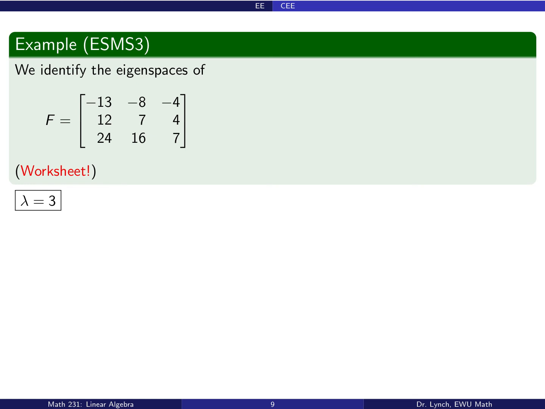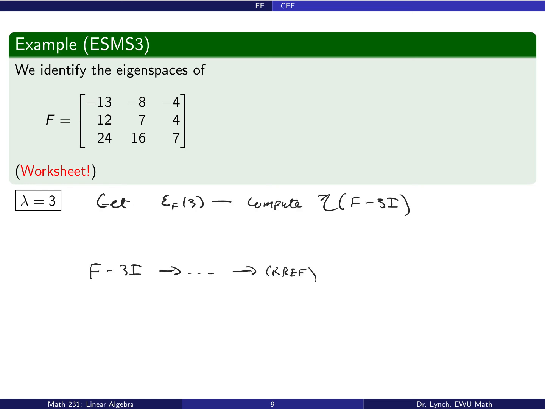We saw that this matrix F has eigenvalues lambda equals 3 and lambda equals -1. So if we want to figure out the eigenspace corresponding to eigenvalue 3, all we have to do is compute the corresponding null space. I'll have you go through this on the worksheet. You can compute F minus 3I and reduce it to its reduced row echelon form.